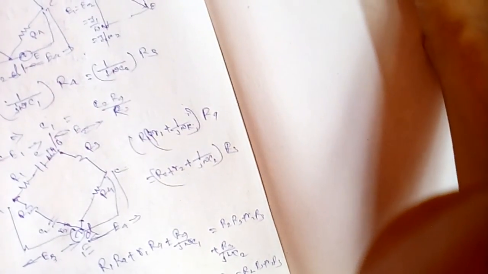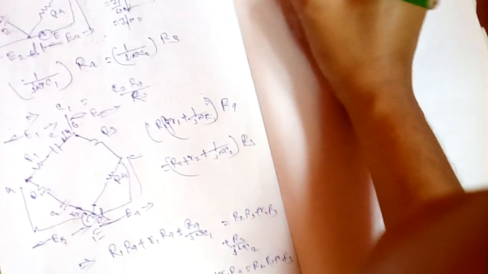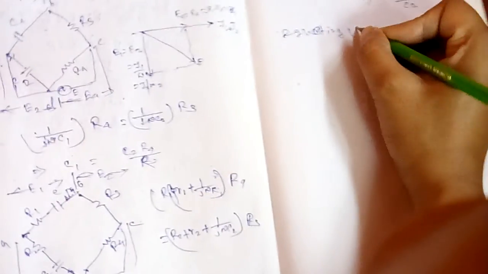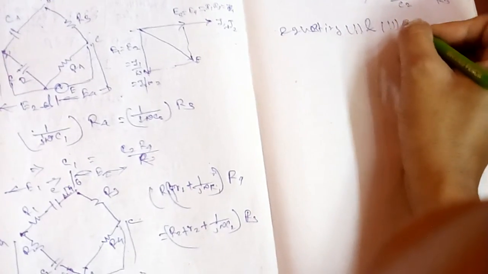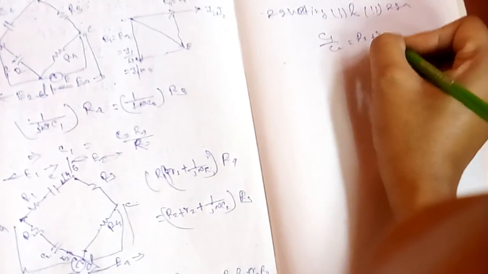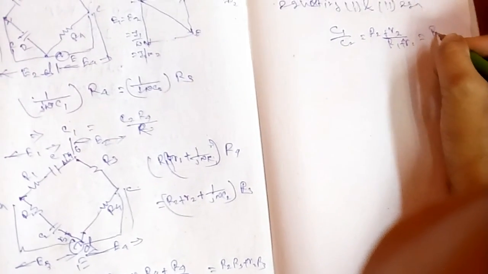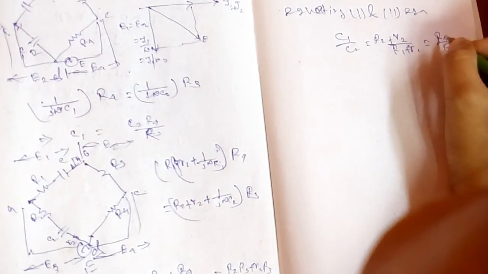So equating the two equations 1 and 2, we get C1 by C2 equal to (R2 plus R2) by (R1 plus R1) equal to R4 by R3.